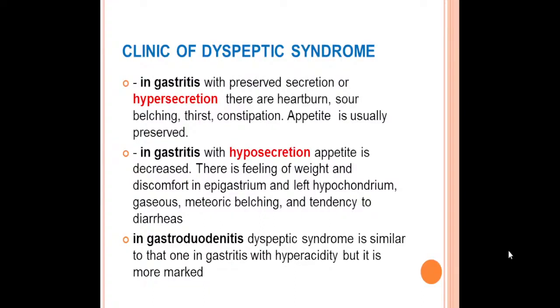In gastritis with hyposecretion, appetite is decreased, there is a feeling of weight and discomfort in the epigastrium and left hypochondrium, gaseous belching, and a tendency to diarrhea. In gastroduodenitis, dyspeptic syndrome is similar to that in gastritis with hyperacidity, but it is more marked.